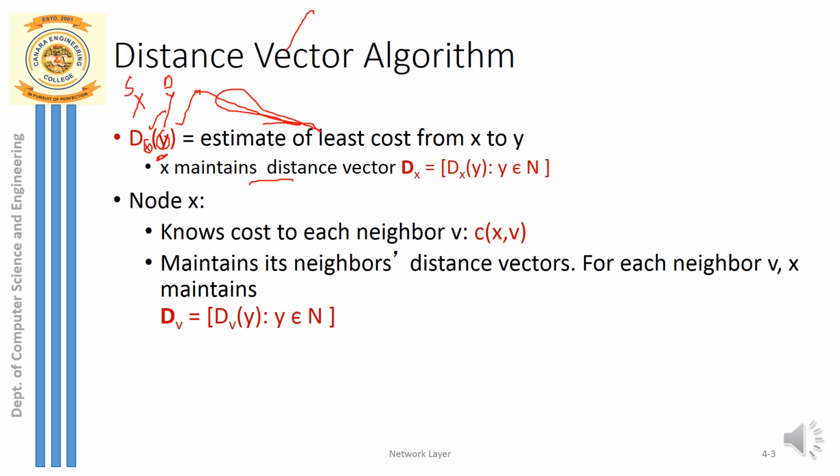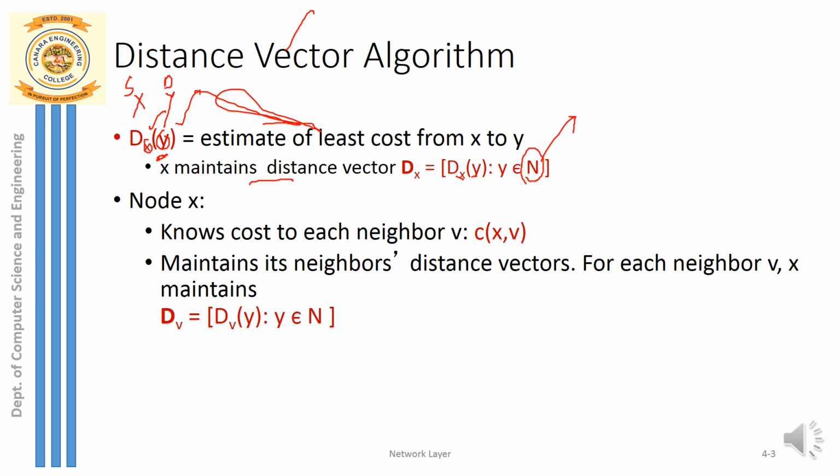that is from itself to the destination node Y, wherein we indicate n as the total number of nodes or the total number of vertices in the graph, or you can also call it as n as the number of nodes in the network.